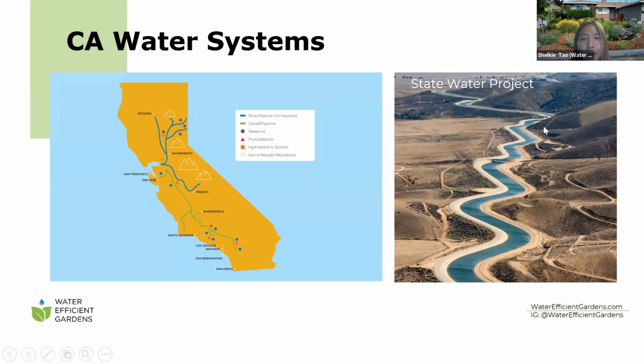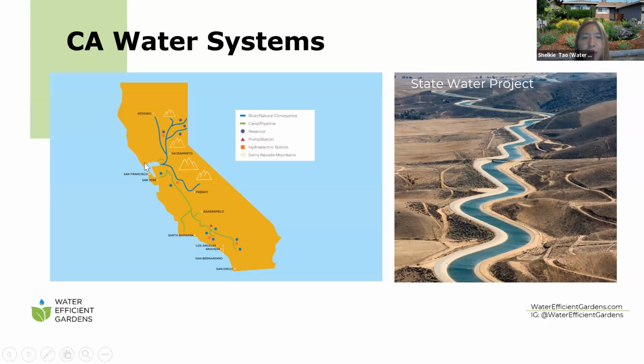And it's from a very extensive, huge network, such as the State Water Project, to carry all that water hundreds of miles from Sierra Nevada all the way to us here in the Bay Area. And that takes an enormous amount of energy.